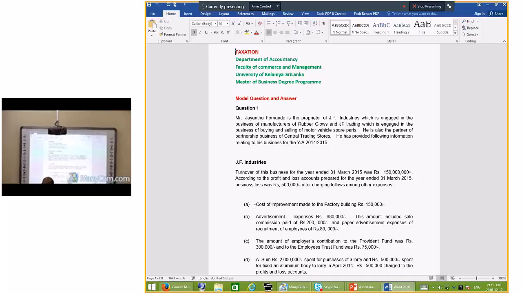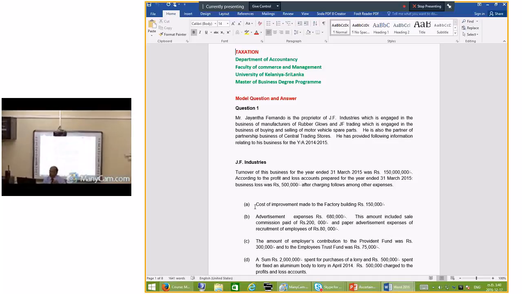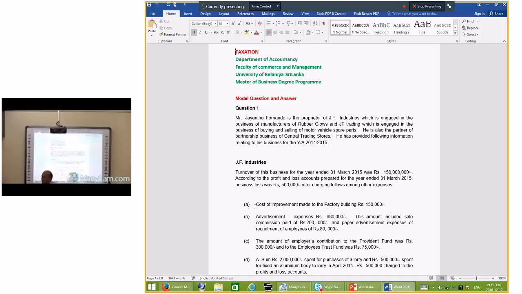If someone has put the cost of the improvement to the factory as 150,000, it is a very small amount, and we put a note that the 150,000 is an improvement made to the factory building.